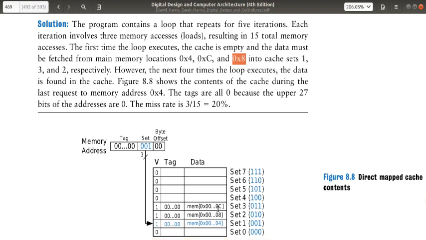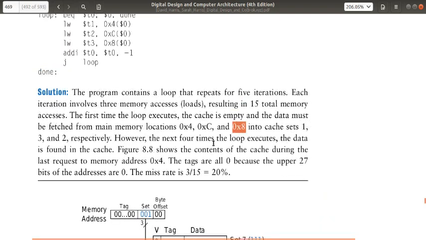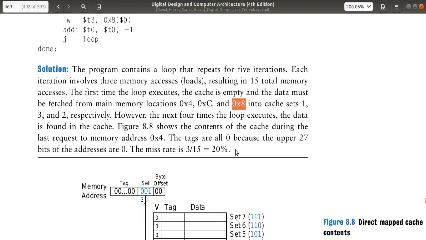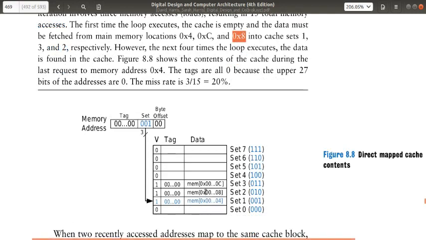So if you look at here, for each loop the processor is accessing the data from these 3 locations, right? 0x4, 0xc and 0x8. Once it has been copied into the cache, the processor doesn't have to go back to the main memory. It is already there in the cache.